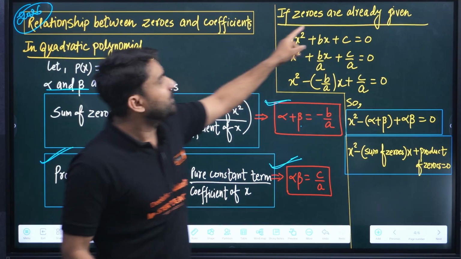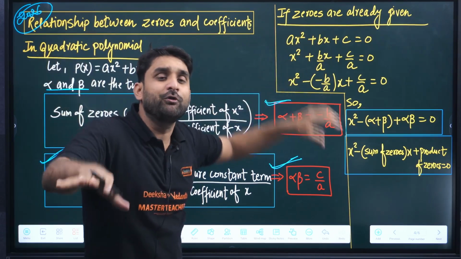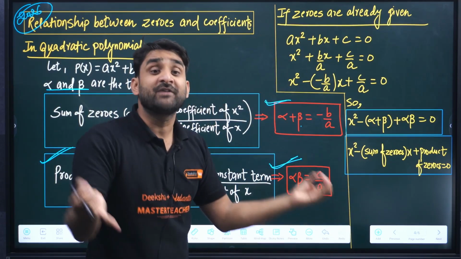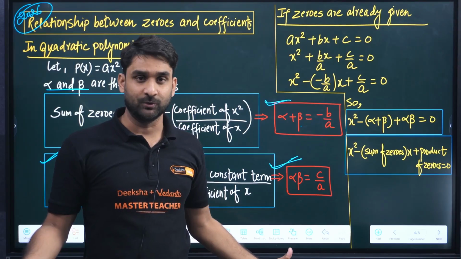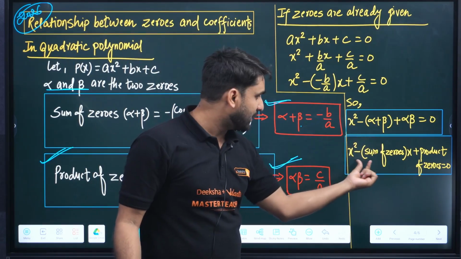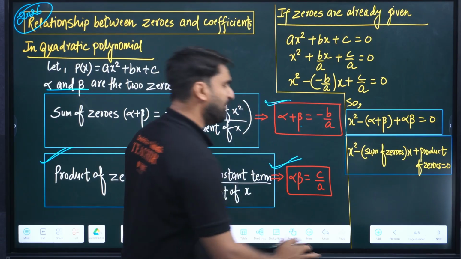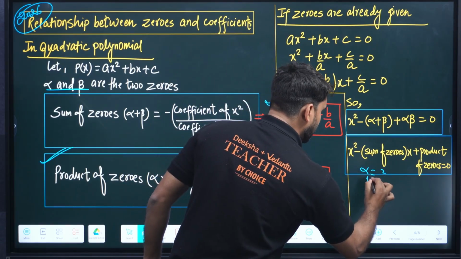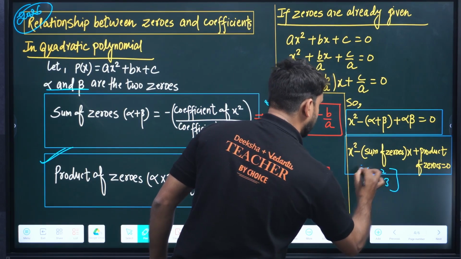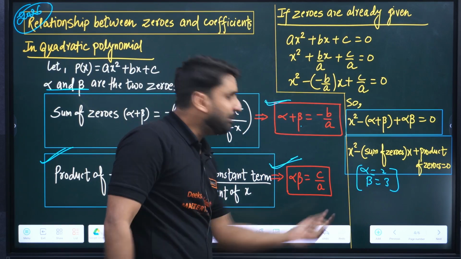Now, if you already know the zeros, you can form the quadratic polynomial by using this formula: x square minus (sum of zeros) x plus product of zeros equals 0. For example, alpha is 2 and beta is 3, meaning I am giving you 2 zeros. So what will be the quadratic polynomial for this?